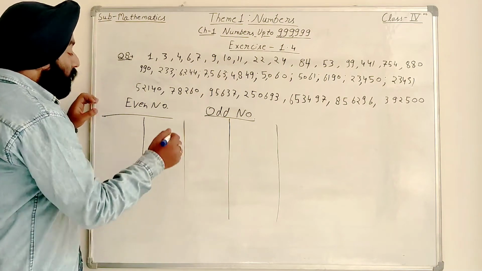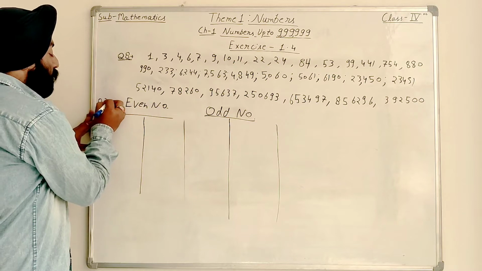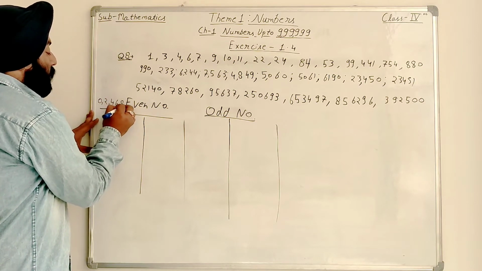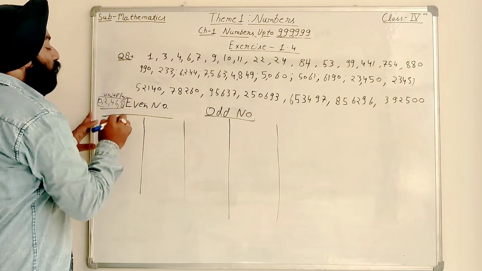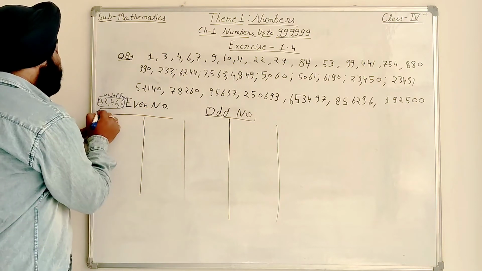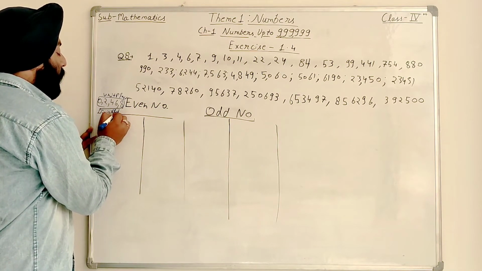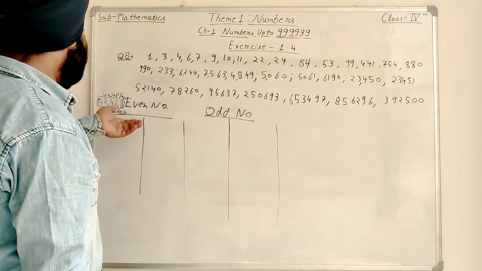So you know even numbers are numbers which have 0, 2, 4, 6 and 8 at the unit place, or we can say divisible by 2, the number that is divisible by 2.